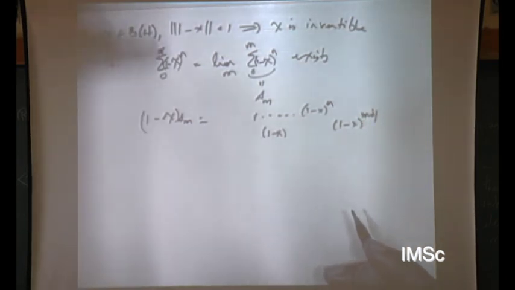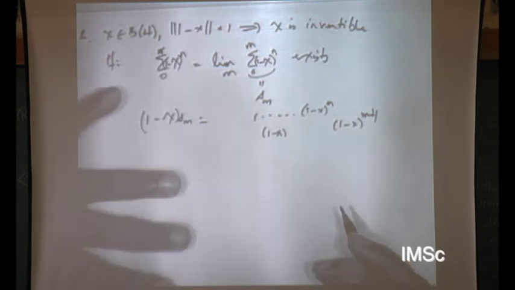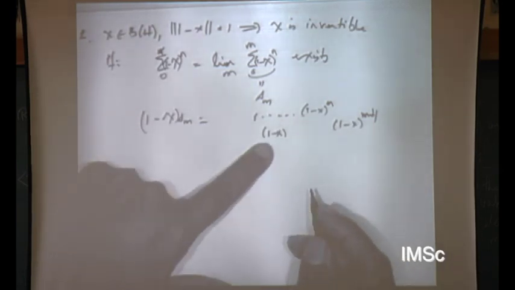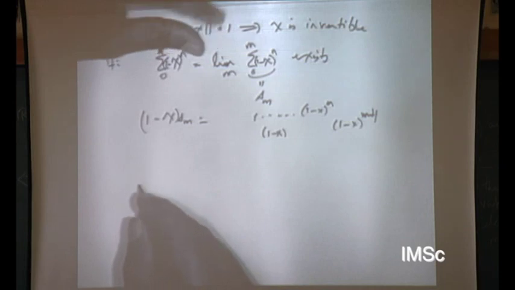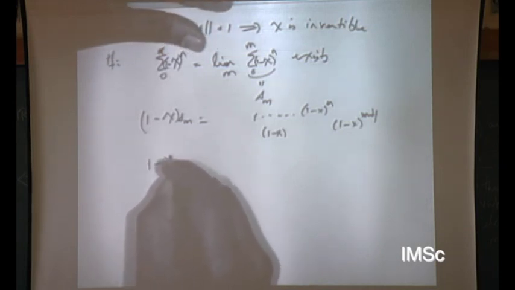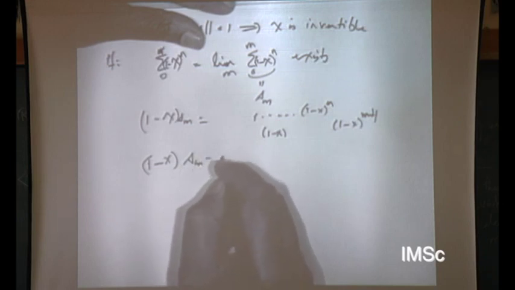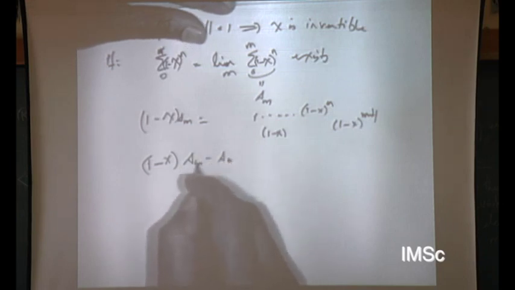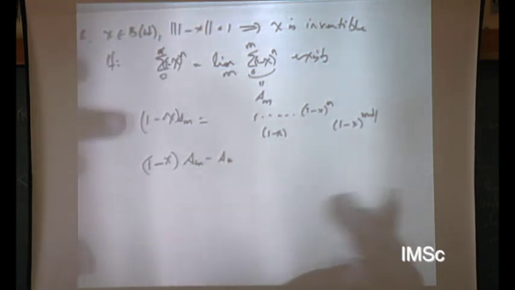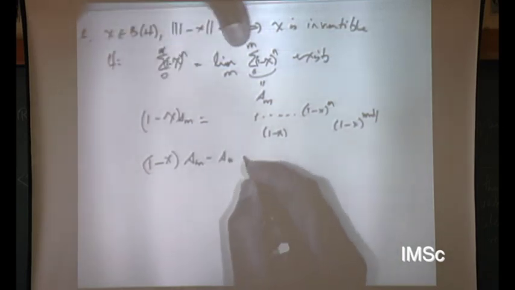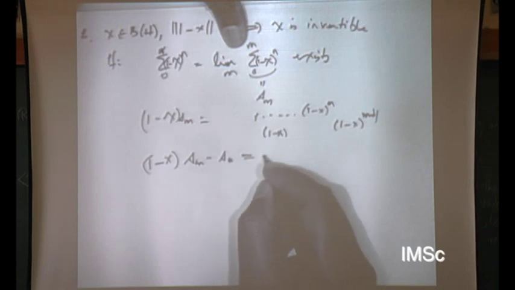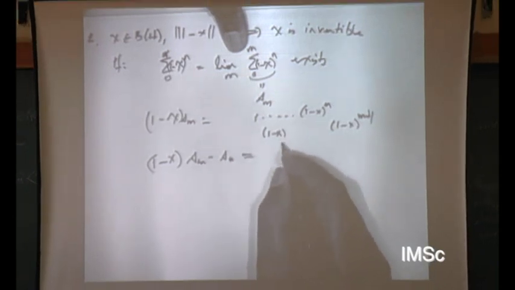So if you compare these two, 1 minus x times S_m minus S_m, you'll get just this minus this, right?